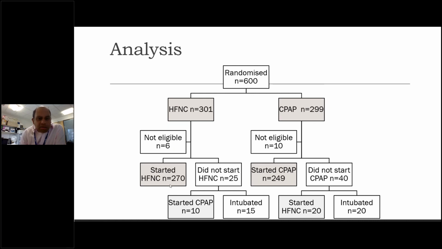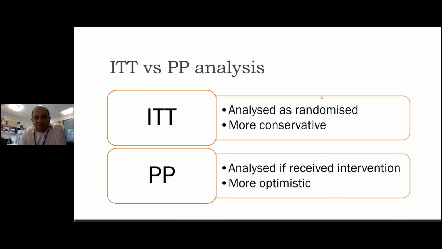And they only start the randomized allocation in a smaller number of patients than you wanted them to start, and they didn't start the high flow or the CPAP in some patients for various reasons. They suddenly decided that they wanted to start CPAP in 10 patients, and they intubated 15 patients, and so on and so forth.